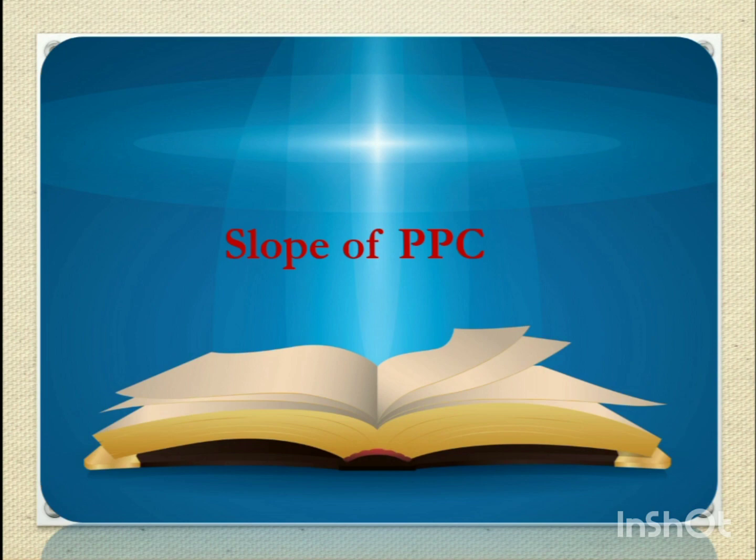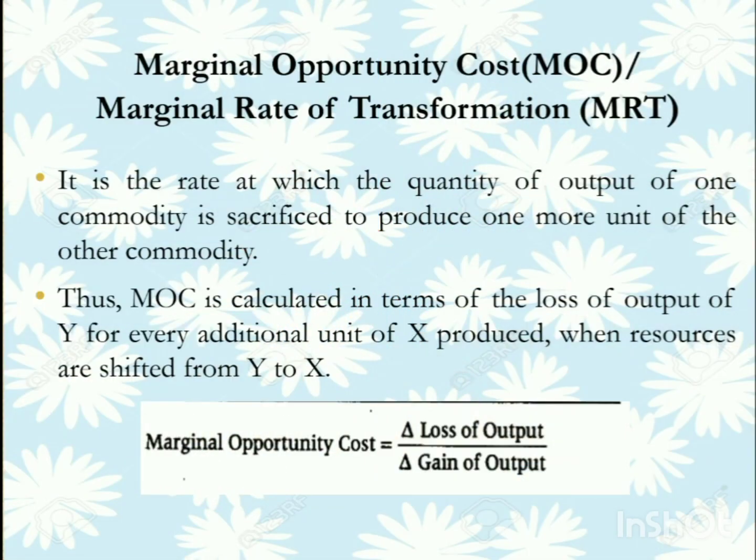Next is slope of PPC, that is the marginal opportunity cost MOC or the marginal rate of transformation MRT. It is the rate at which the quantity of output of one commodity is sacrificed to produce one more unit of the other commodity.